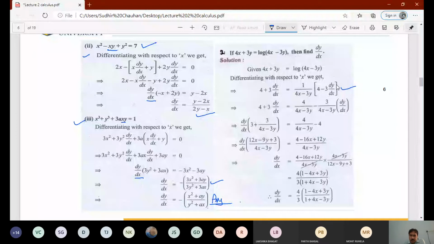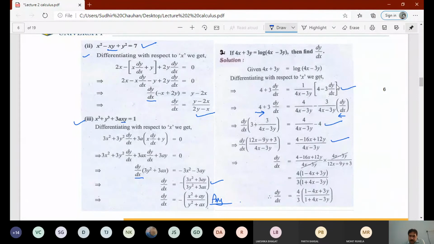Now we can take common dy by dx, so this expression can be shifted to the left hand side, and it is 3 plus 3 upon 4x minus 3y, and this 4 can be shifted to the right hand side, so it is 4 upon 4x minus 3y minus 4. Now we can simplify it, so its value is this.